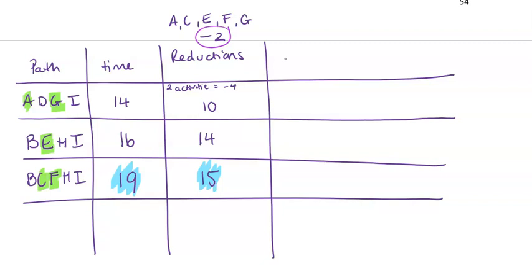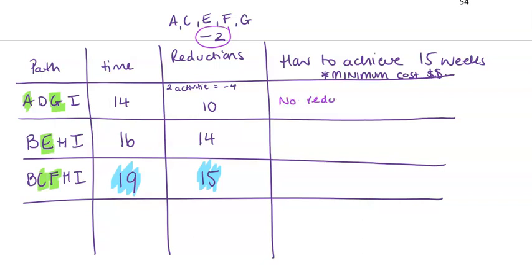Now, how to achieve 15 weeks? And remember, that is at the minimum cost. Okay, minimum dollars. So the first pathway was already at 14. So we needed no reduction. Okay, didn't need to do those. The second pathway was at 16.